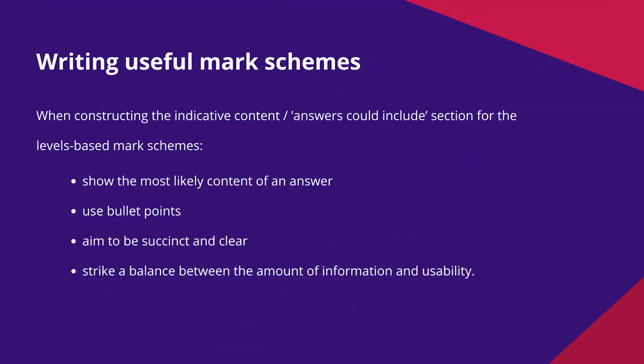Under the levels grid will be the expected content of an answer. Here are the key issues to consider in their construction. The indicative content sets out the most likely, commonly made points students might make in response to the set question. The skills are usually presented as separate sets of bullet points.